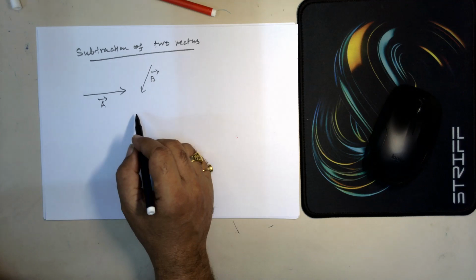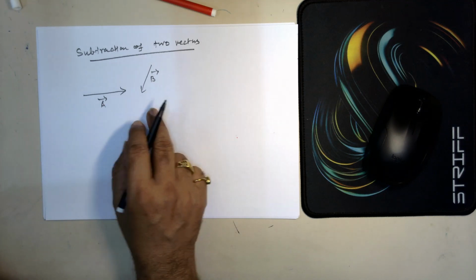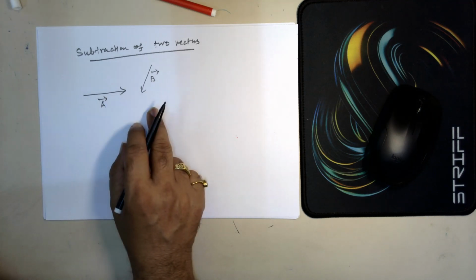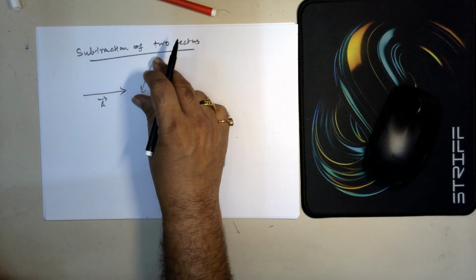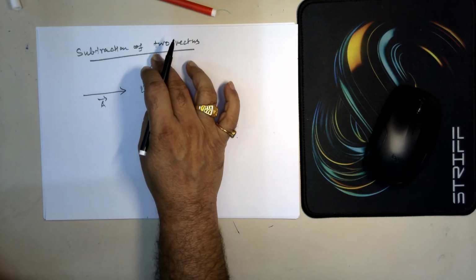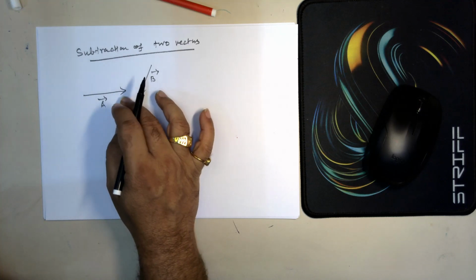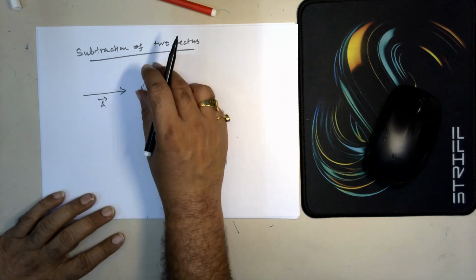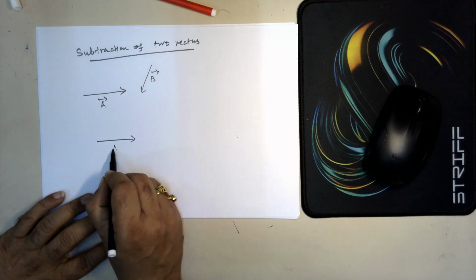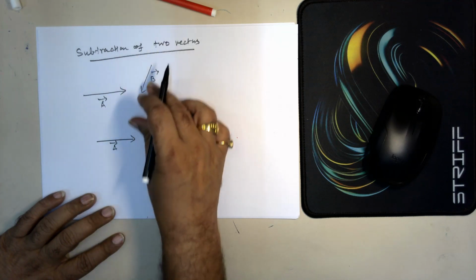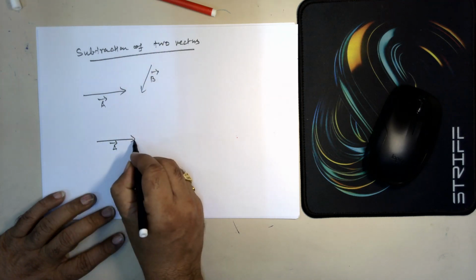Now what we are supposed to do, as I already told you, we have to connect these two vectors by head and tail, right? Take the second vector and fix the tail of the second vector to the head of the first vector. Okay? So this is the first vector, A vector, and you have to bring it like this. Okay? Got it?